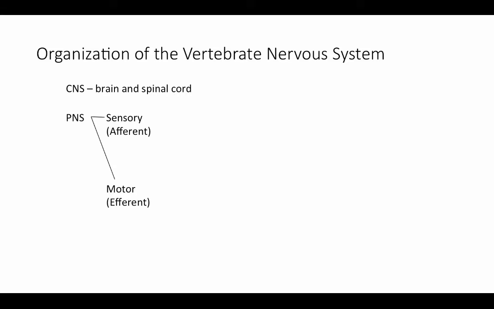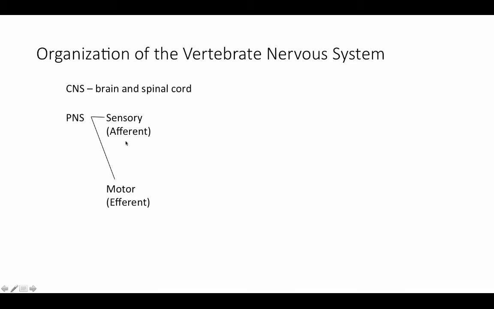One is the sensory part of the peripheral nervous system. We call this the afferent portion, afferent with an A. Again, this is very unfortunate terminology because there's only just a very small difference between these terms. The other component of the peripheral nervous system is the motor or efferent part.